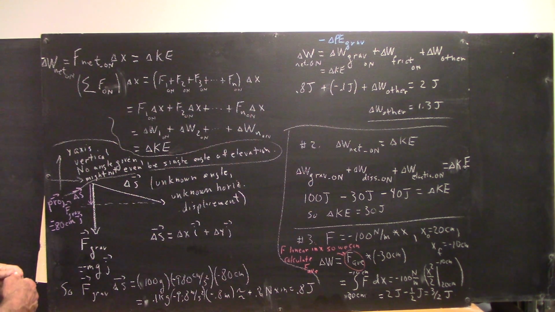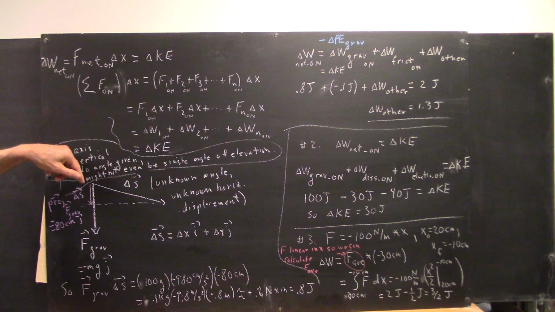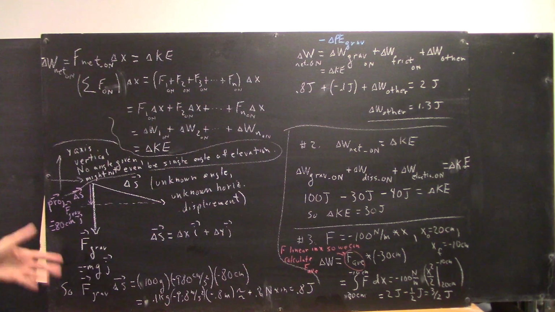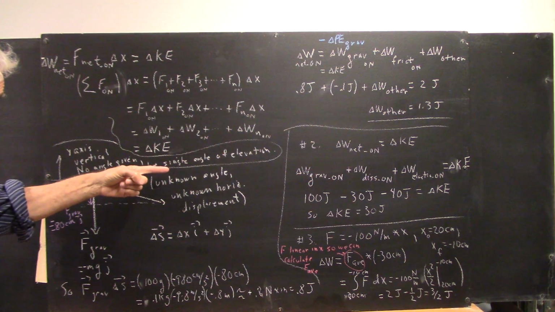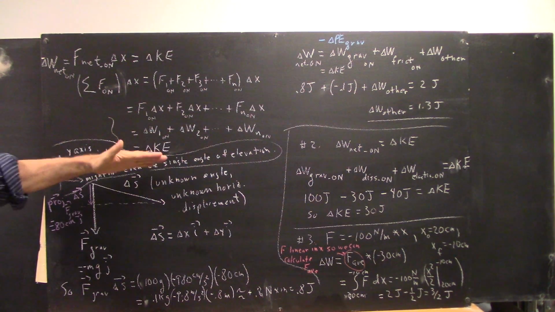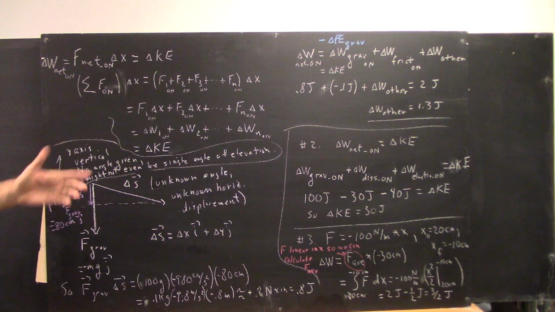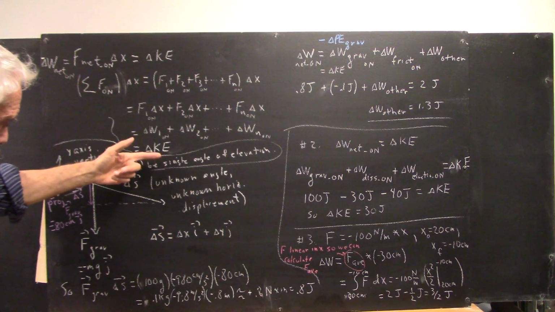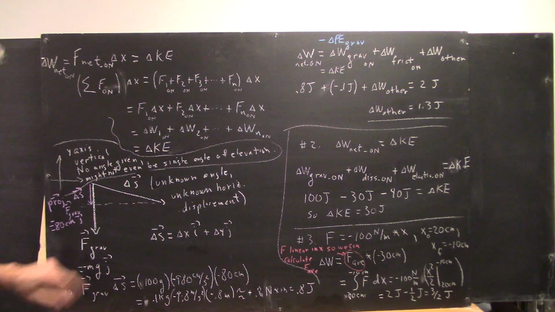In other words, we're doing a dot product of delta S with the force of gravity, and when we do the dot product, we're multiplying the projections. Why is that? Because whatever component of delta S is in this direction does no work, because it's perpendicular to the direction of the force. So there's no work due to this component of the displacement because it is not in the direction of the force.